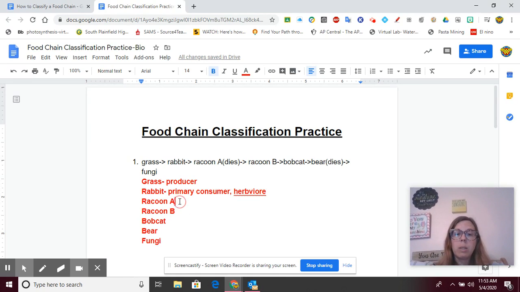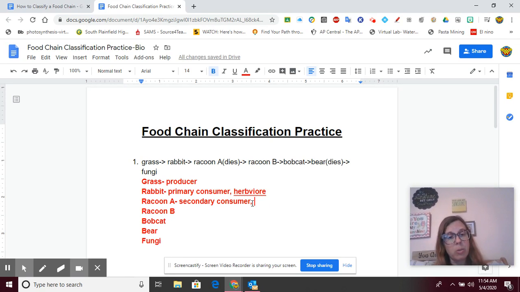So now we go on to the next organism, raccoon A. Back to the first question. Is it a producer or a consumer? It is a consumer because it's eating the rabbit. Second question, what level consumer? This is the second consumer in the food chain, so it is the secondary consumer. Third question, is it an herbivore or a carnivore?